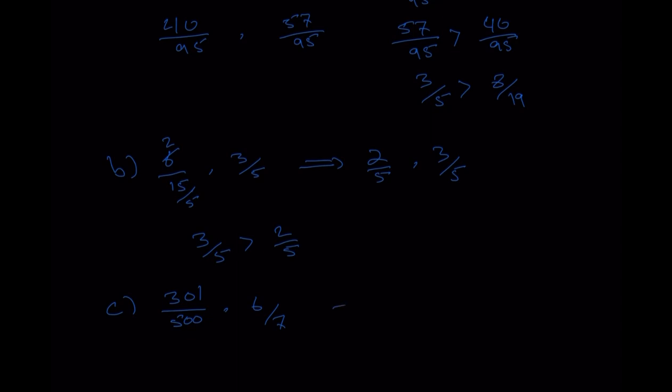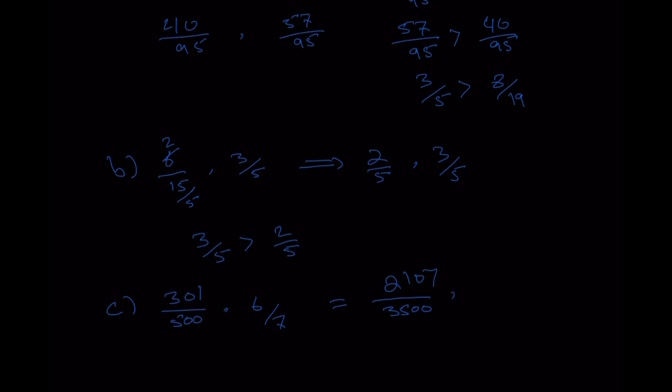The easy common denominator will be 3500. 3500 divided by 500 will give me 7, times 301 will give me 2107.